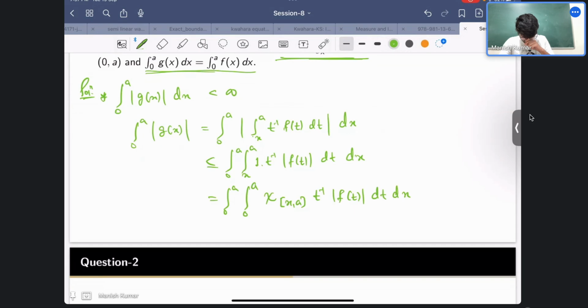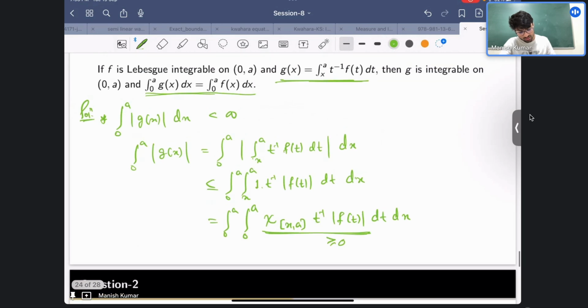Now the next thing is that this quantity is a non-negative function, and it is measurable, because f is integrable, so it is obviously measurable. It's given to you that it's measurable, and all are non-negative. So this whole quantity is non-negative and they are measurable functions.